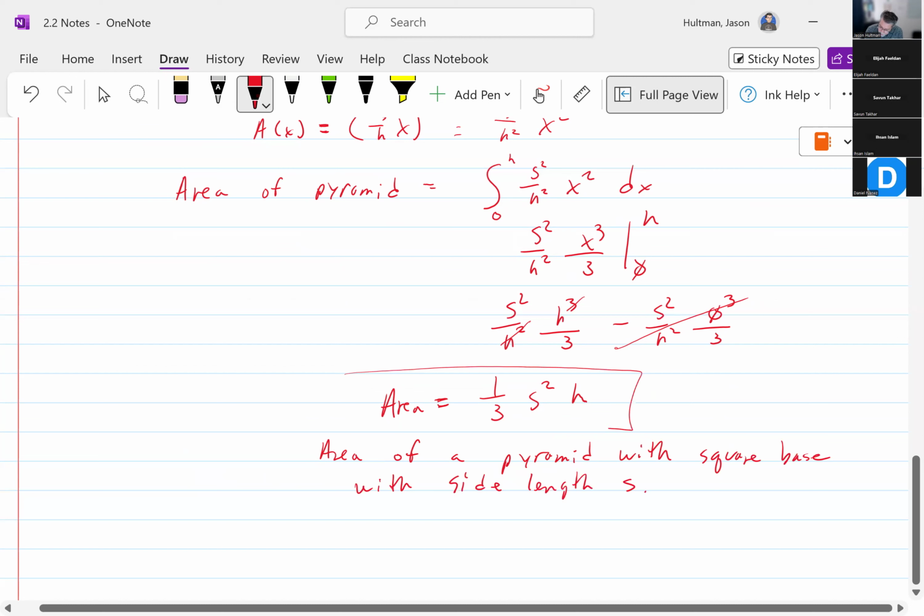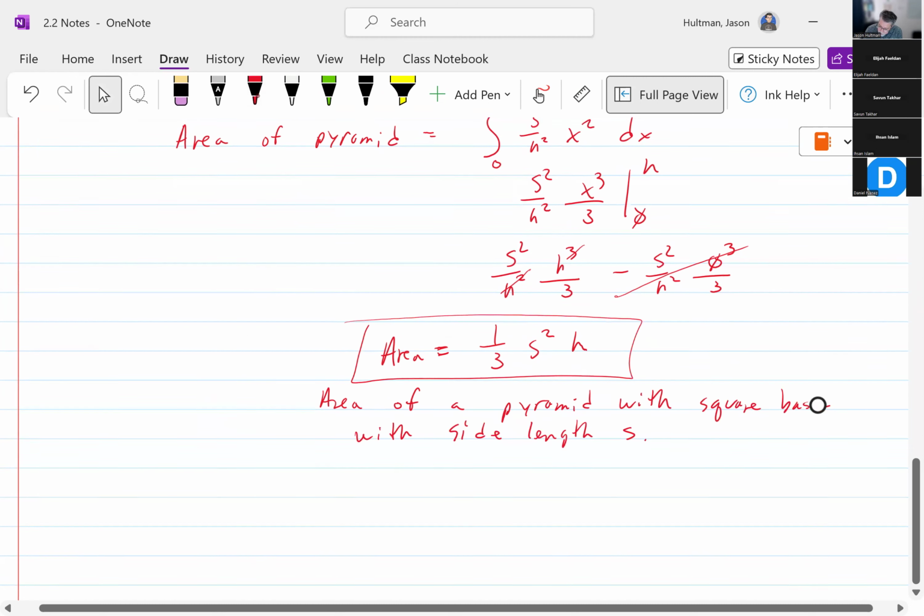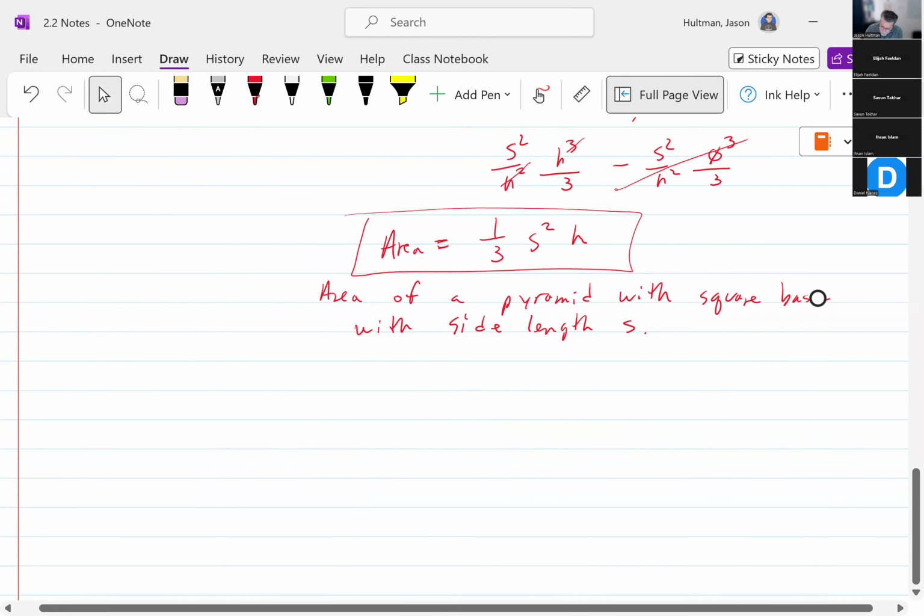Okay, which kind of makes sense to me because when I was taking geometry, I remember the geometry teacher would say the area of a pyramid is 1/3 base area times the height. And the S squared there, that's just the base area.